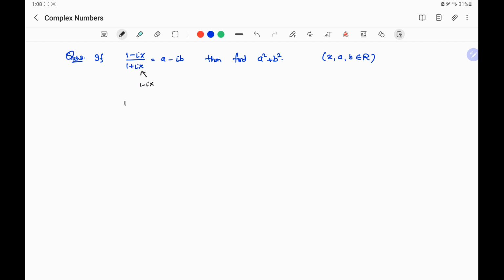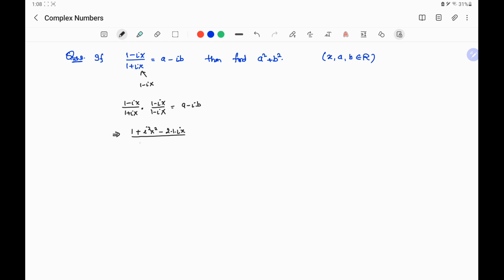So we will have (1 minus ix) by (1 plus ix) into (1 minus ix) by (1 minus ix), and it will be equal to a minus ib. On multiplying, this will give 1 plus i square x square minus 2 into 1 into ix, using the identity (a minus b) whole square.